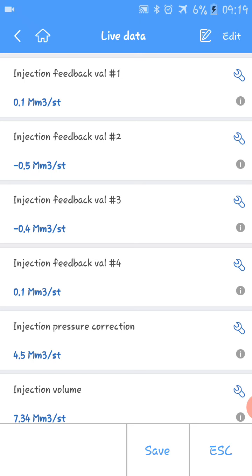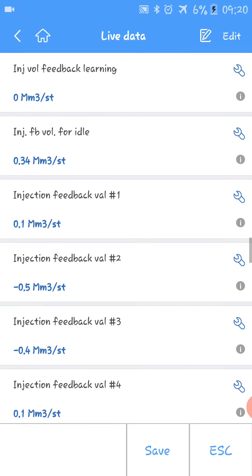So this tells you that injector number 1 and injector number 4 are operating very well, but the other 2 are off. So there's a possibility that the injectors have started wearing off. The mileage is 162,000 kilometers. So definitely we should have a bit of a problem there.